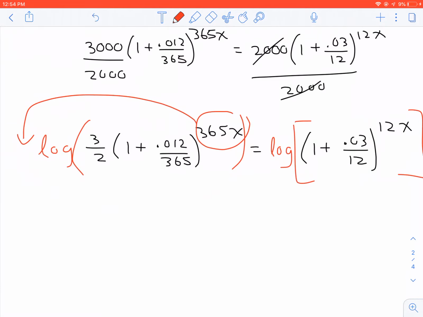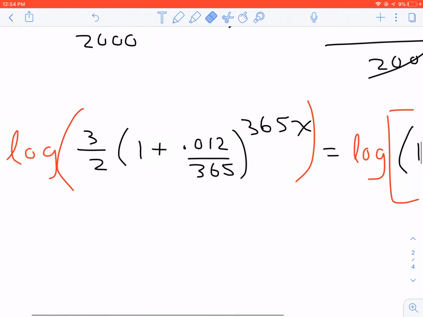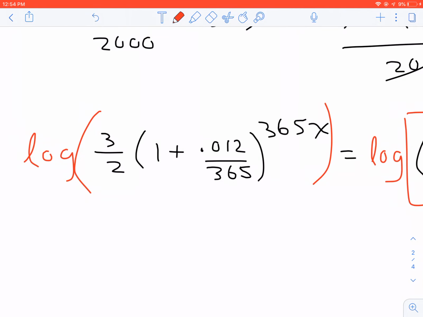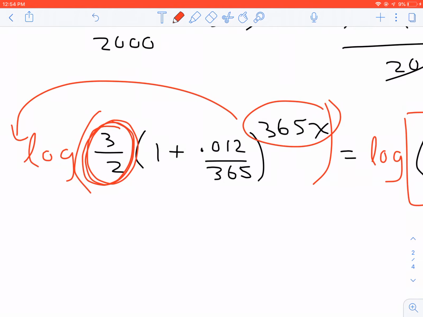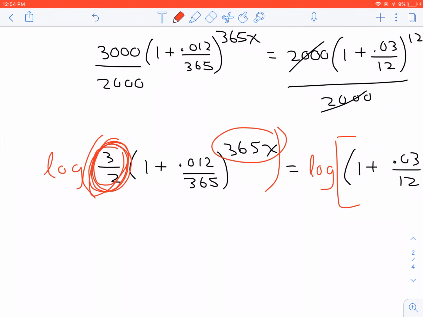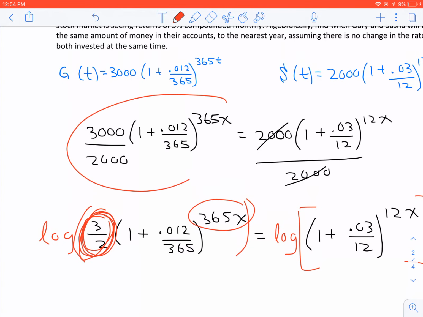That is a log rule, except this 365 is not the exponent of the entire argument, because this 3 over 2 is not being raised to the 365x power. Take a look at where the parentheses are: it's around our growth factor over there.